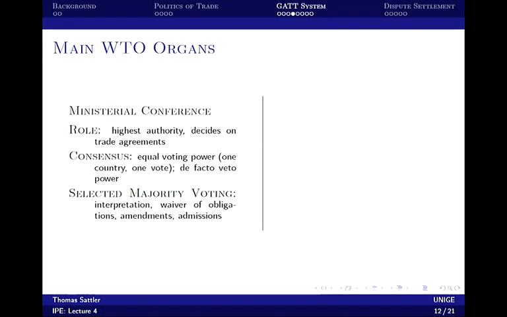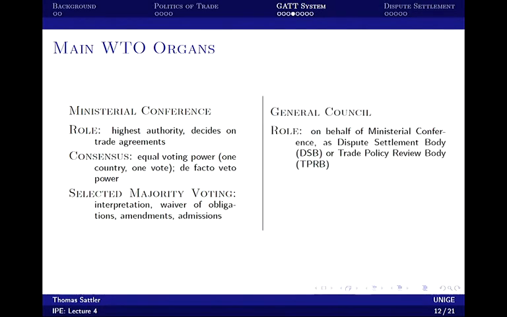The WTO can also waive obligations for certain member countries. So if a country is in deep economic trouble, we might accept that they don't follow the rules for a while. That also needs a 3/4 majority. Admissions need a 2/3 majority, and so on. And then the daily business is done by the General Council, which is operating on behalf of the Ministerial Conference.